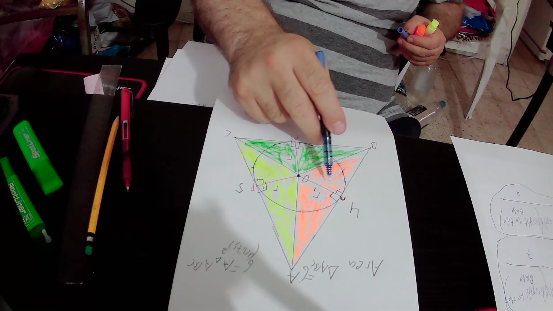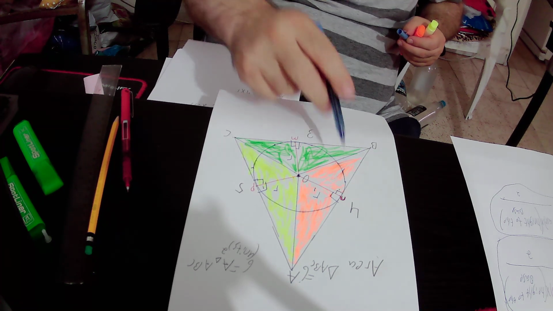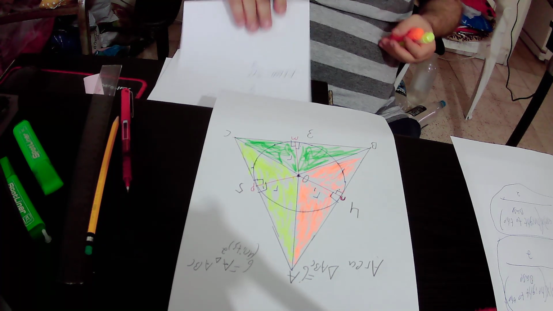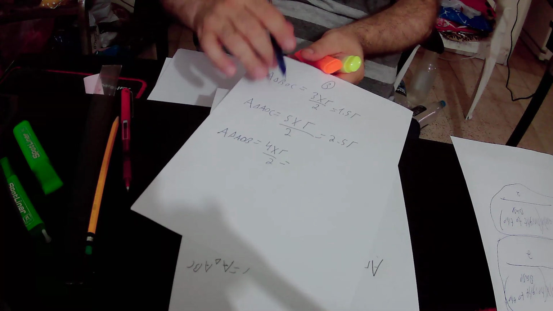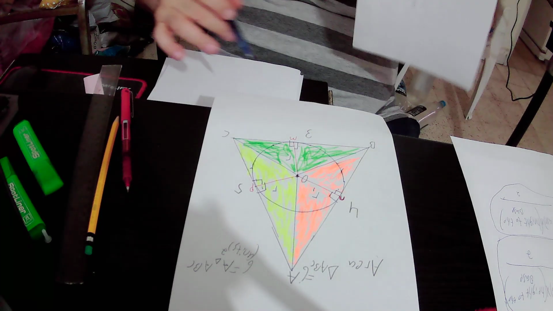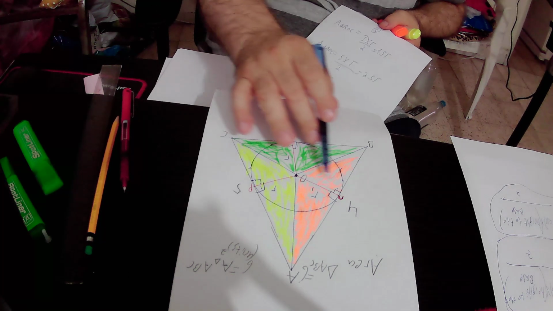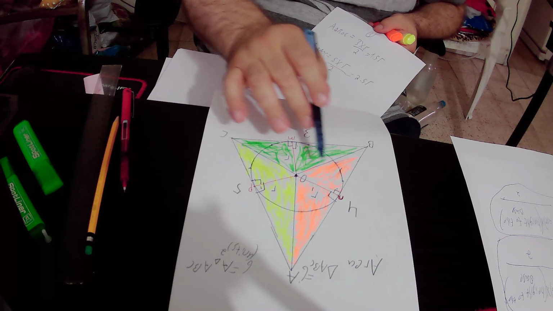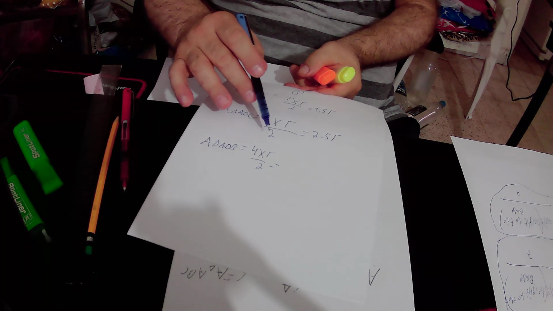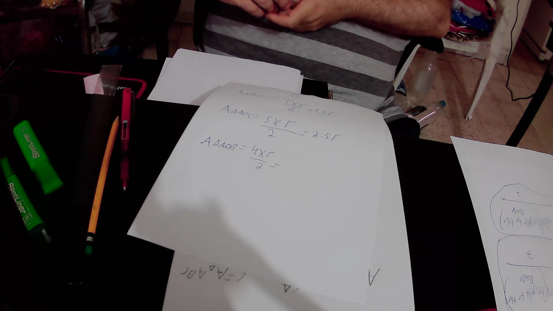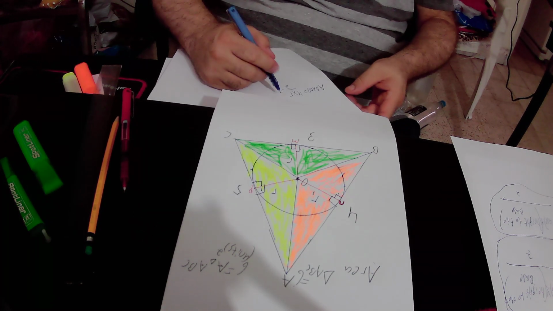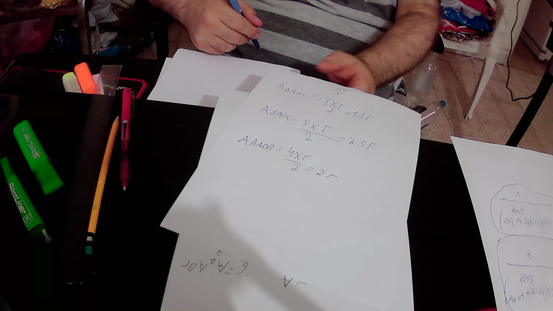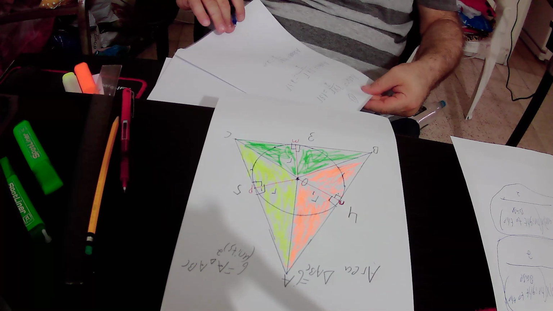So it is 4 times the radius divided by 2. 4 over 2 equals 2, so we can write that the area of the orange triangle equals 2 times the radius.